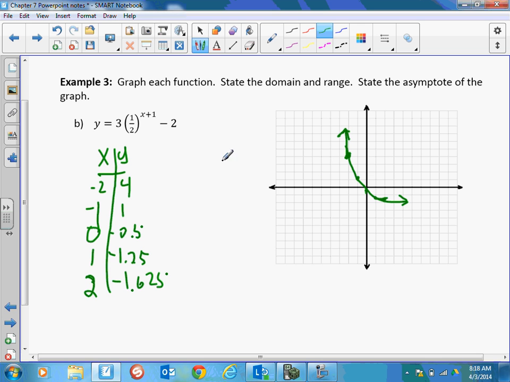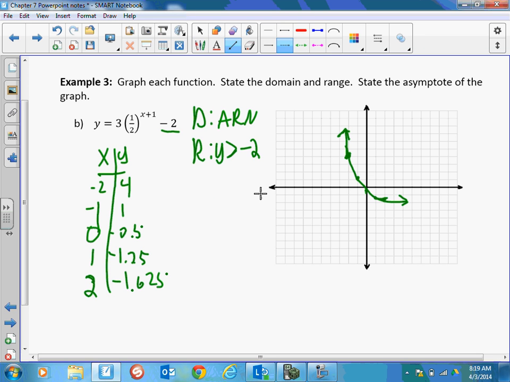So then the domain doesn't change. Domain is always all real numbers on exponential functions. The range now, if you look at this number, should be y is greater than -2, because the line approaches -2 but doesn't quite hit it. You got -1.25, -1.625. It's going to get close to -2, but never hit it. You can see that from our dotted line.